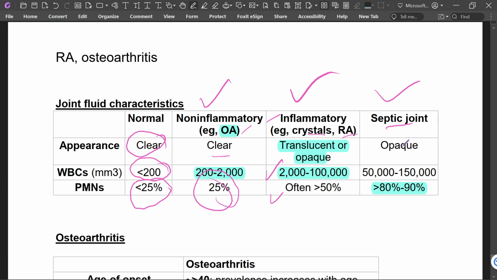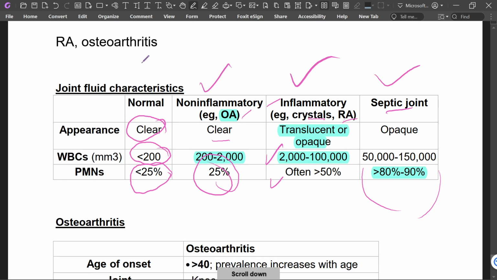Septic joint fluid is opaque, WBC 50,000 to 1 lakh, and there may be 80 to 90% PMN. So non-inflammatory is osteoarthritis, inflammatory is crystals like gout, pseudogout, and rheumatoid arthritis, and then septic arthritis.